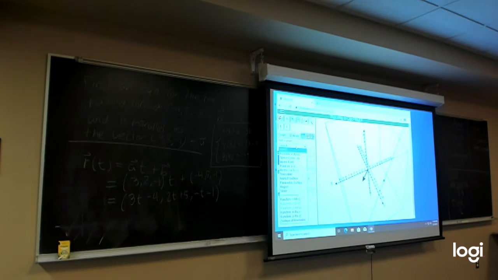What would be different if I chose a different slope vector? Let's say instead of 3, 2, negative 1, let's say I chose negative 6, negative 4, 2.